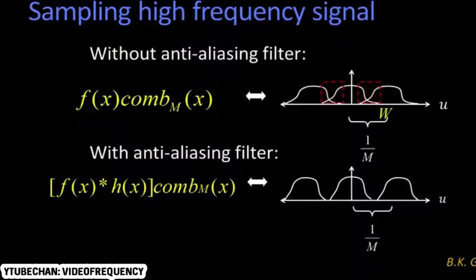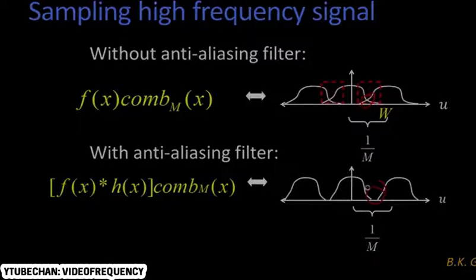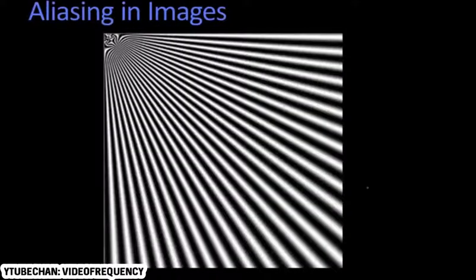So that's summarized here in terms of aliasing. When I don't have an anti-aliasing filter, I get these overlap regions that cause aliasing that I cannot remove once I've done it. But with an anti-aliasing filter, I don't get that overlap. So that's the mathematics behind aliasing. We can see this going on in images. So here's a nicer picture showing you aliasing in images.